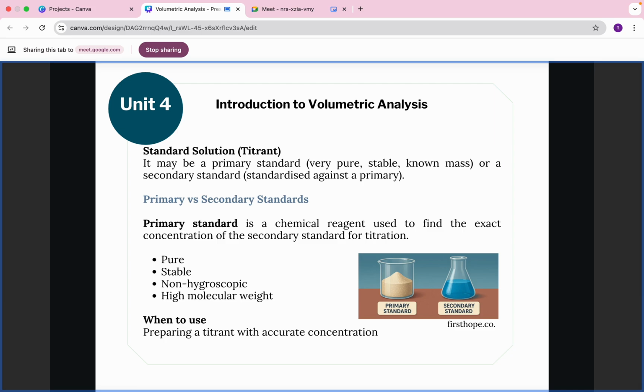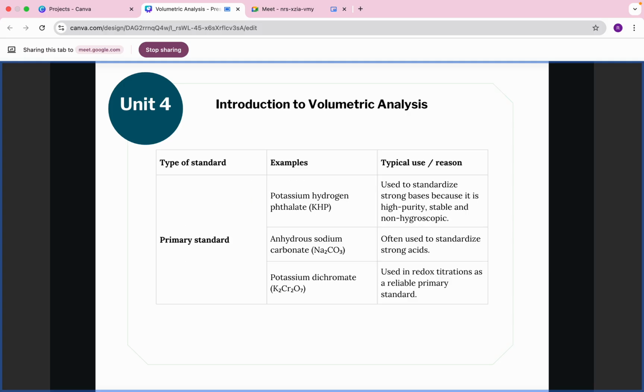What we will be using in the titration method is the secondary standard. And there are also various types of primary standards and secondary standards depending on the use and the reason that you will be using it.